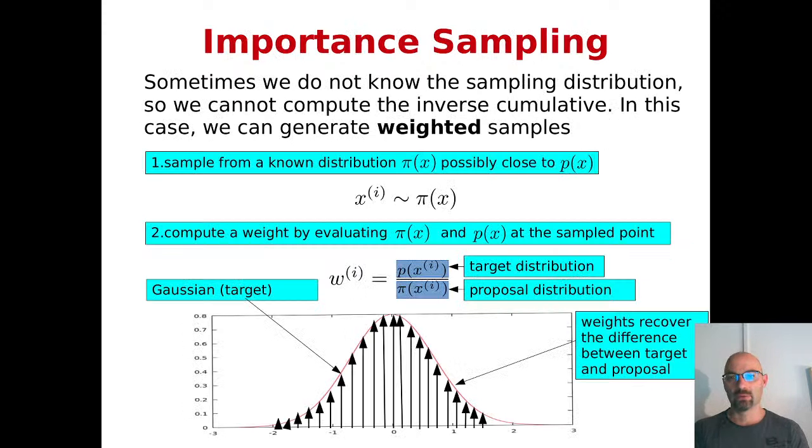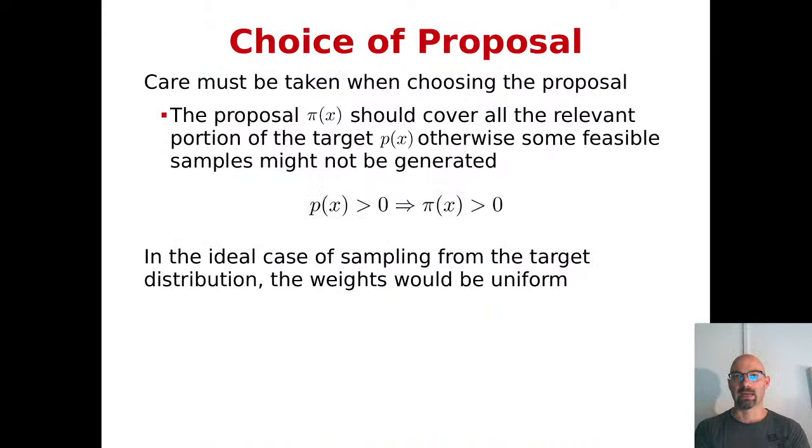All right. Now, there's one thing that we need to be guaranteed when we choose a proposal distribution for implementing this mechanism: in every region where the target distribution is non-zero, I should have a chance of generating a sample. This boils down to this condition over here.